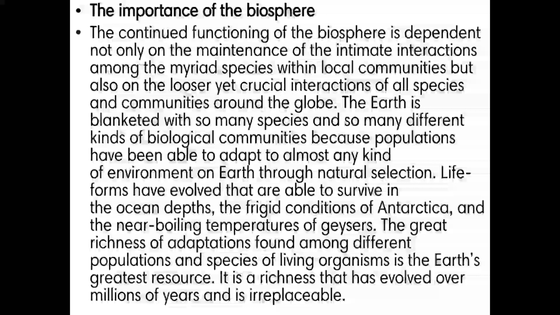Life forms have evolved that are able to survive in the ocean depths, the frigid conditions of Antarctica, and the near boiling temperature of geysers. The great richness of adaptations found among different populations and species of living organisms is the Earth's greatest resource.